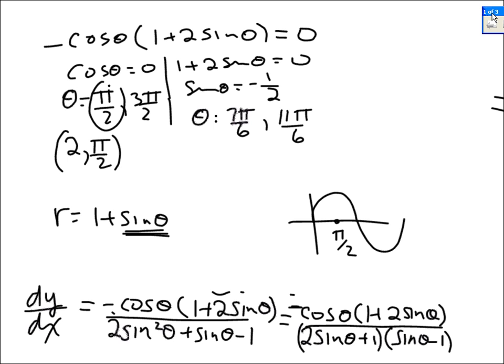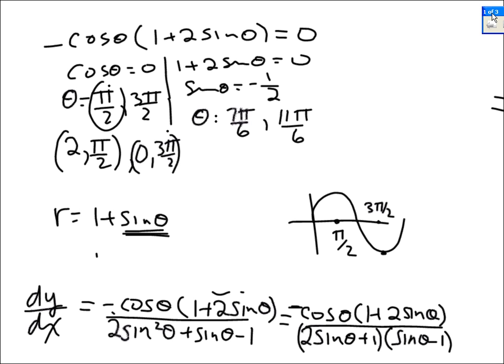Now what about 3 pi over 2? At 3 pi over 2, the sine is negative 1. 1 plus negative 1 is 0. So you have 0 comma 3 pi over 2. Our second possible point of horizontal tangency. There won't be horizontal tangencies anywhere but these 4 values.